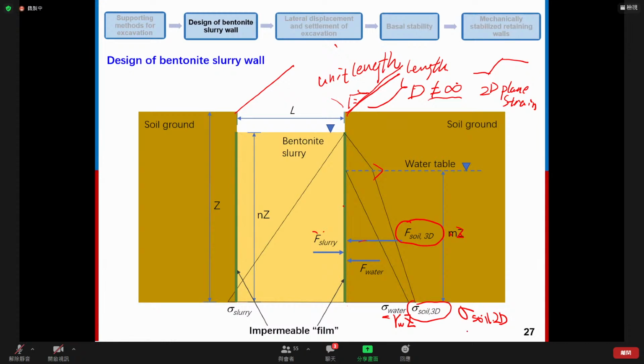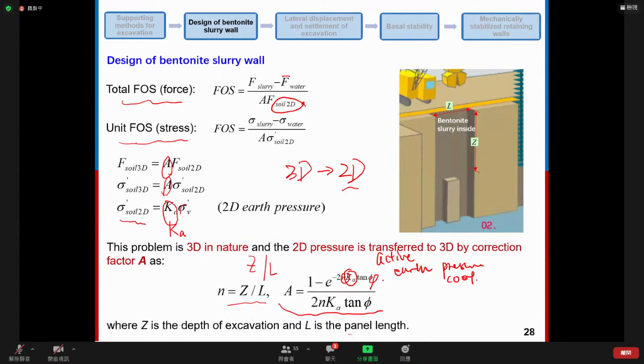Because this one is under a 2D condition, we need to transfer it back to a 3D condition by multiplying the factor A, and then we get the soil stress and the resultant force in 3D condition.